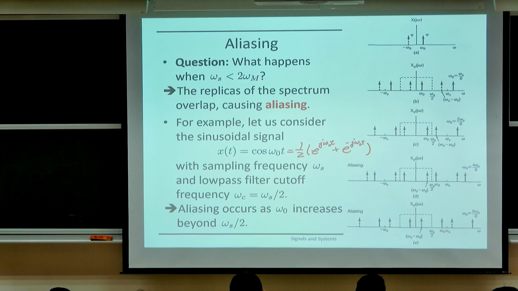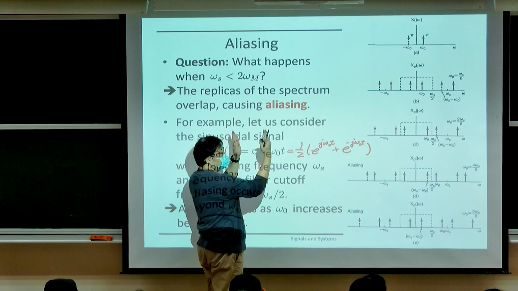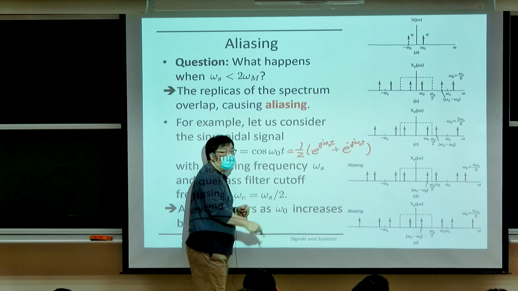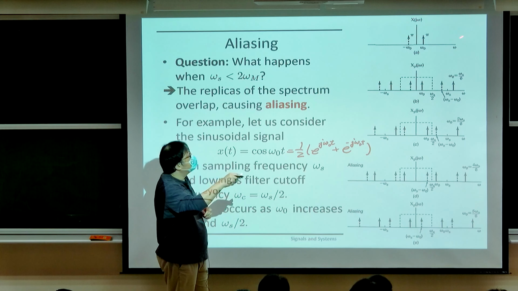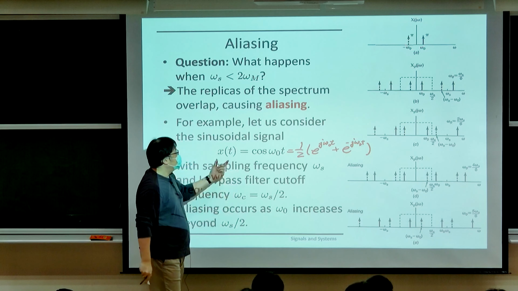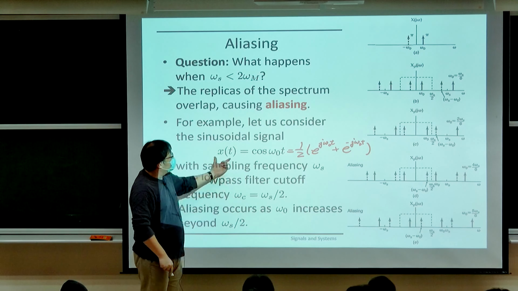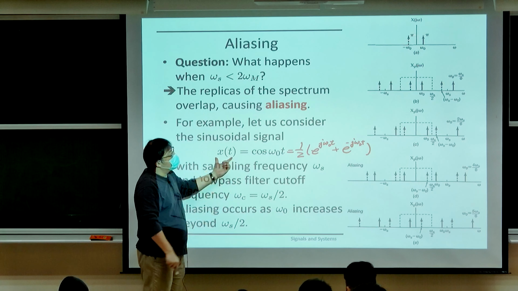In the frequency domain, this is just two impulses at frequency omega naught and minus omega naught. This is the Fourier transform of x of t: a delta function at omega naught and a delta function at minus omega naught.